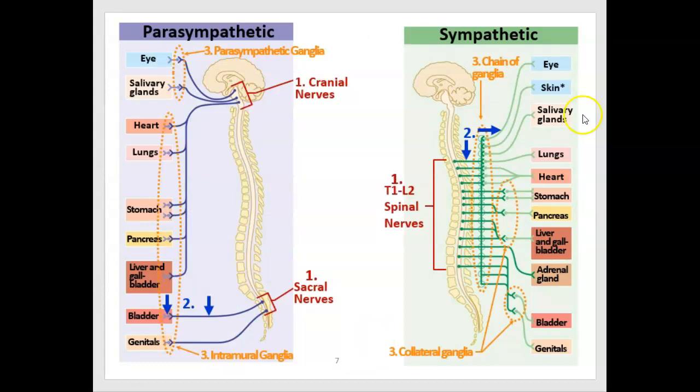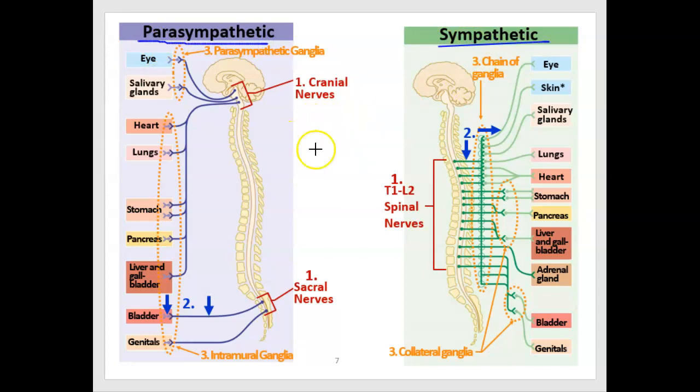Okay, this is just a summary of the two different pathways and what we've talked about so far regarding the differences in anatomy between the parasympathetic and the sympathetic division.